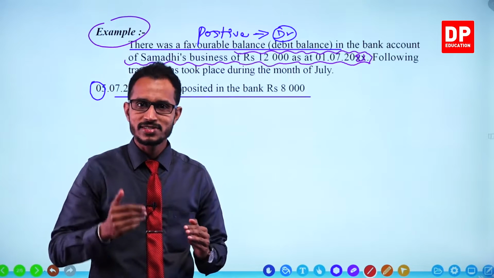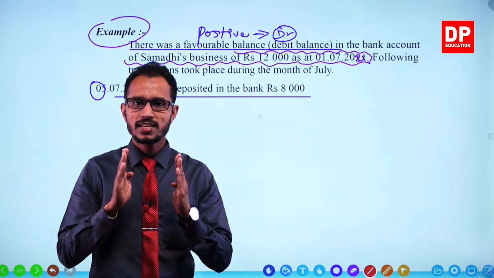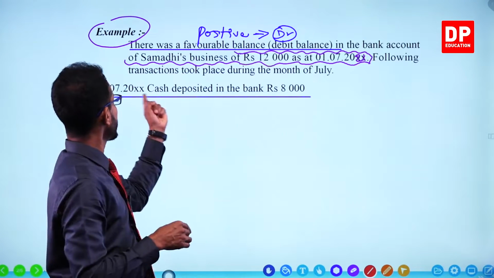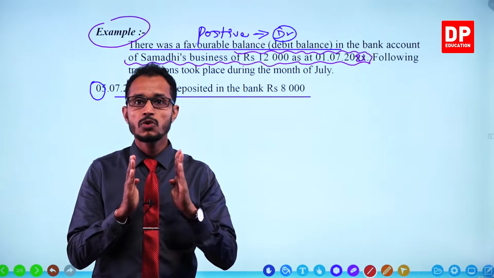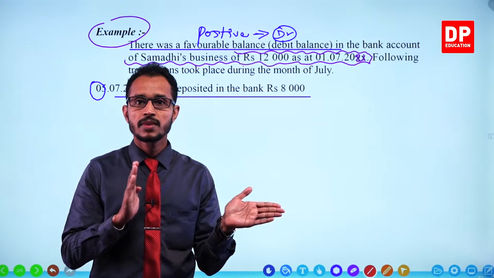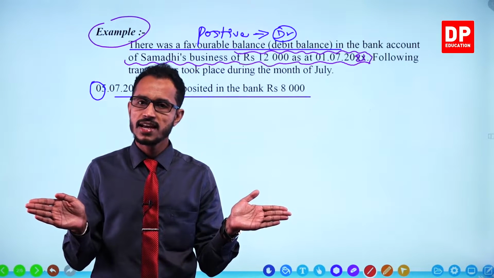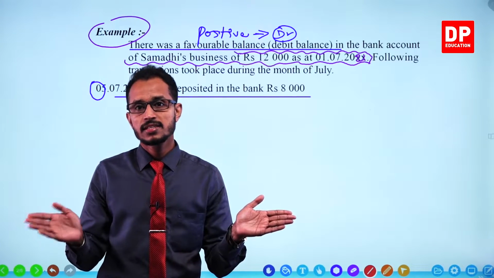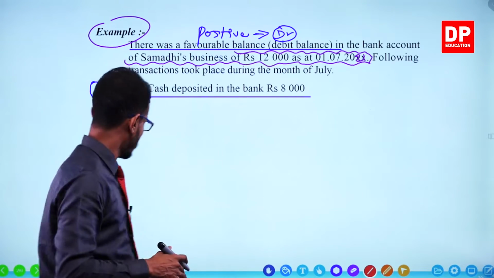Bank money increases, or cash goes to the bank. Cash deposited in the bank, right? Bank money increases, so bank debit. From cash at hand 8,000 goes out, so cash at hand decreases, so cash credit. Cash credit, bank debit.